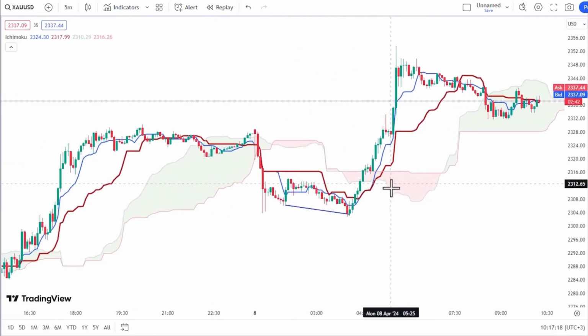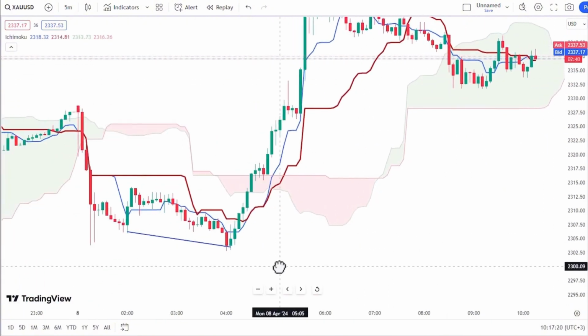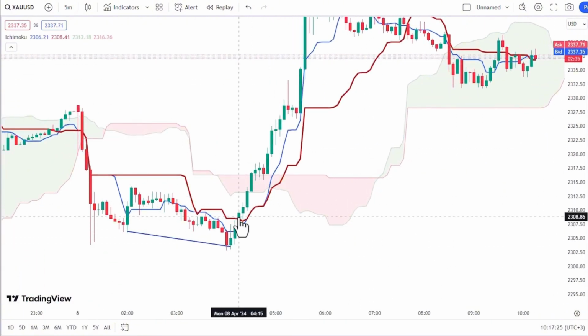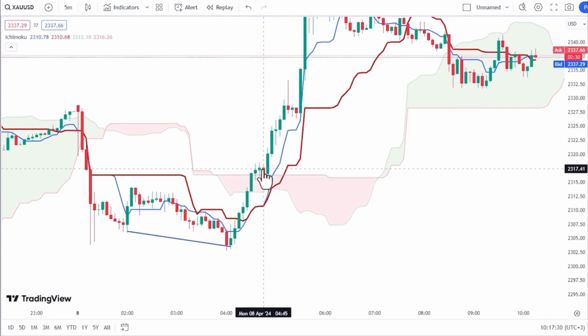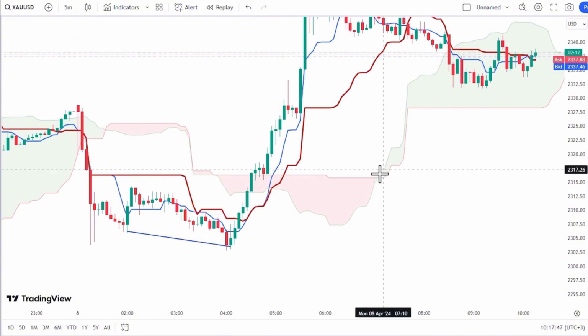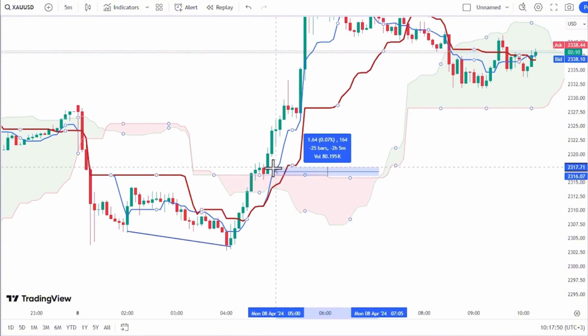Right here, we have a peak. Let me enlarge it. If we want to look here, we have an upward trend, so it became clear here that our trend is becoming bullish, and here we have almost confirmed the bullish trend. Another important point is if we look at the Kumo cloud exactly here.